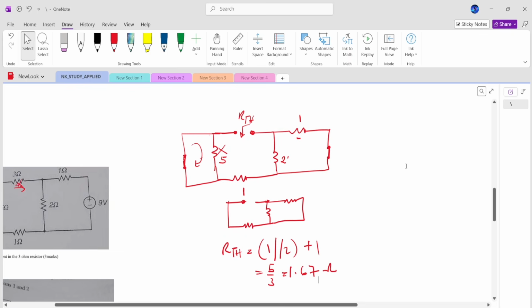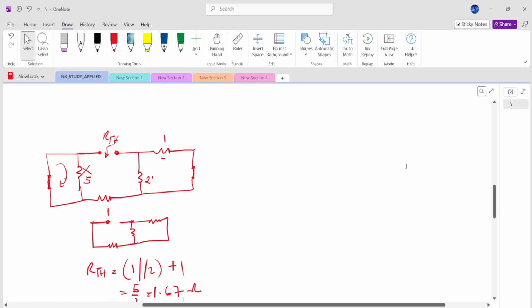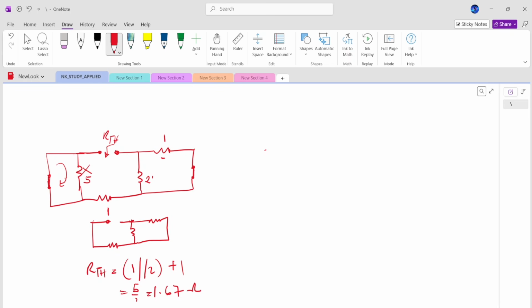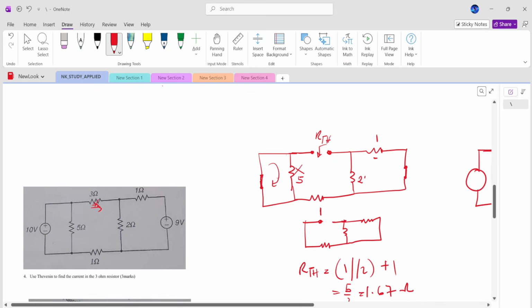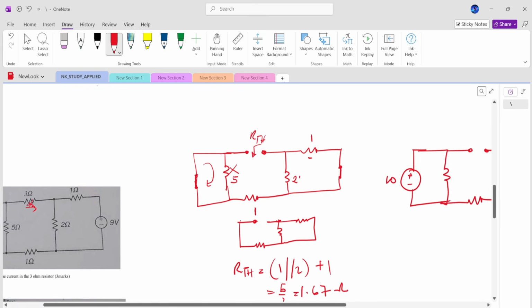Then we have to find our VTH. So we bring back our sources, we draw our circuit with our sources present, right? And then here's 10 and here's 9.